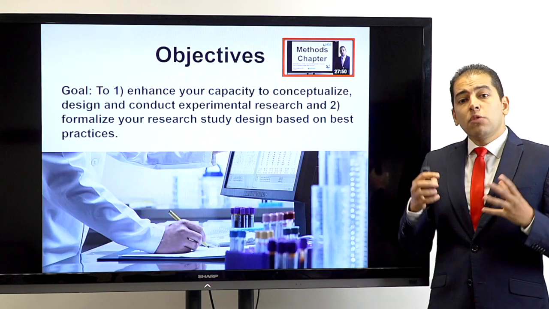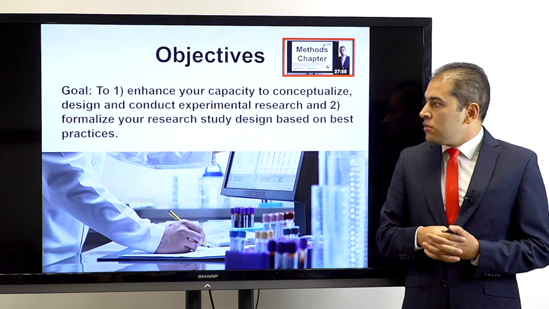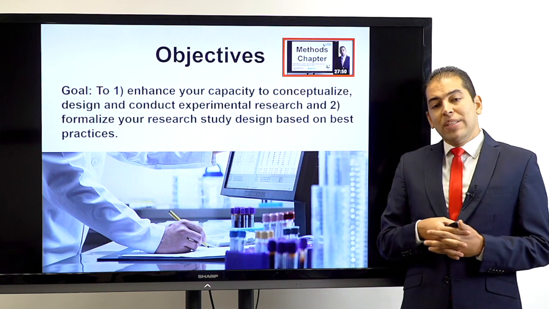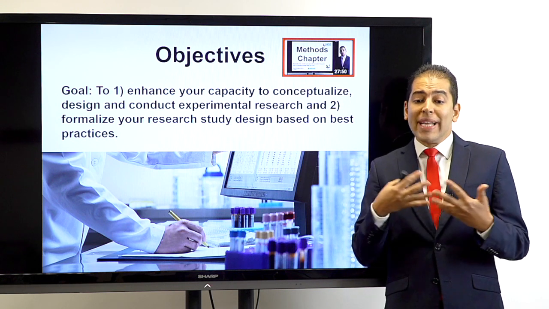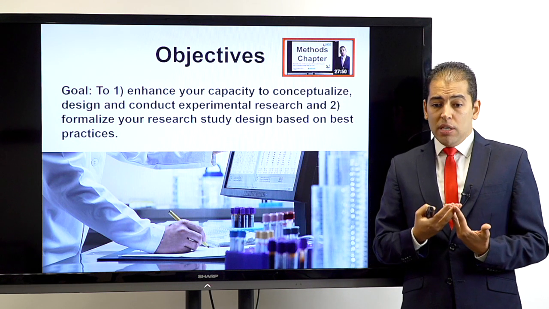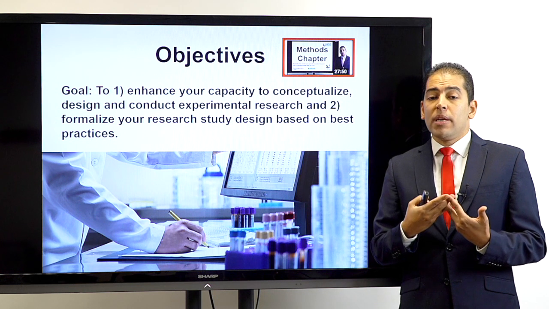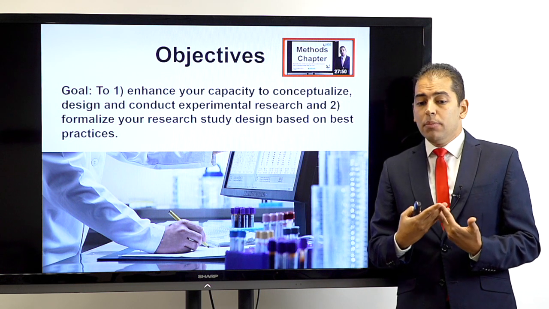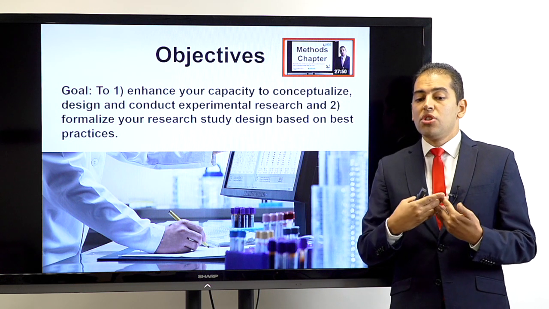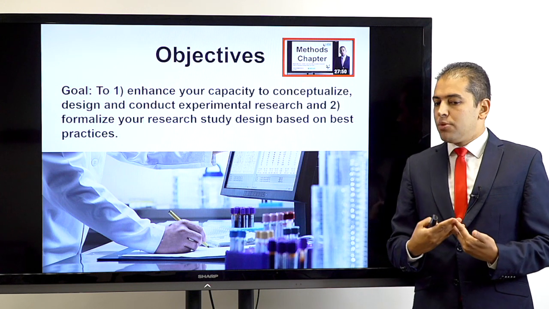So let's start with the objective of today's presentation. The main objective is, number one, to enhance your capacity to conceptualize, design, and conduct experimental research, and number two, to formalize your research study design based on best practices.